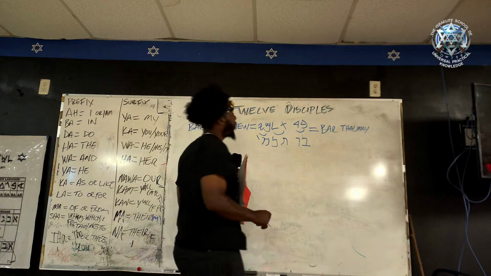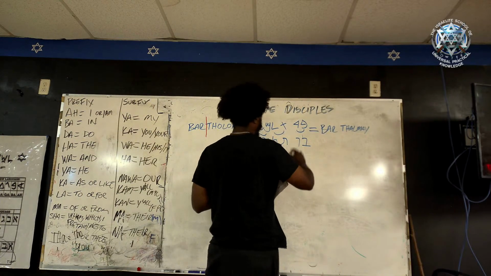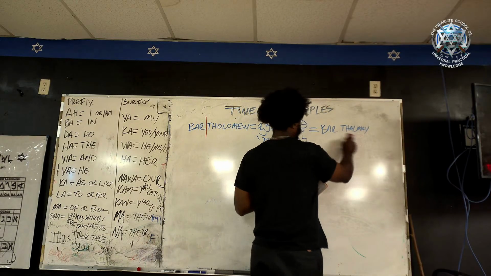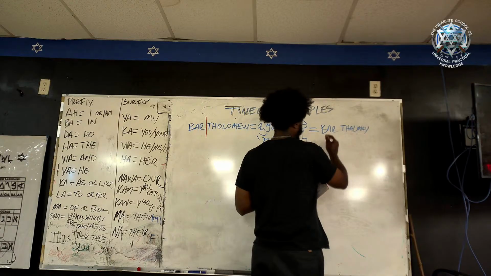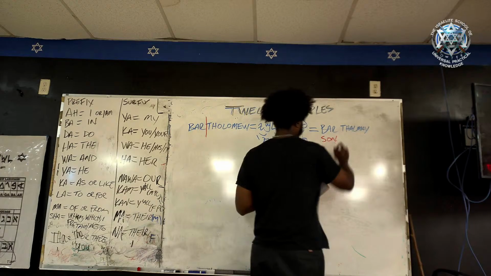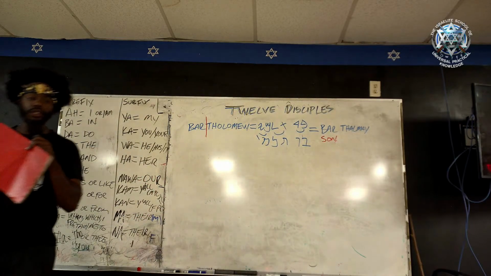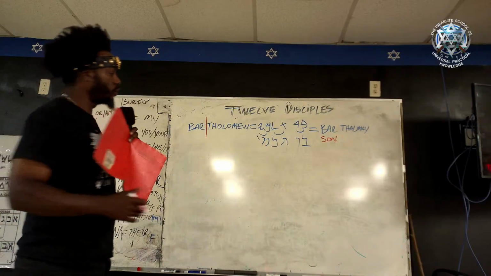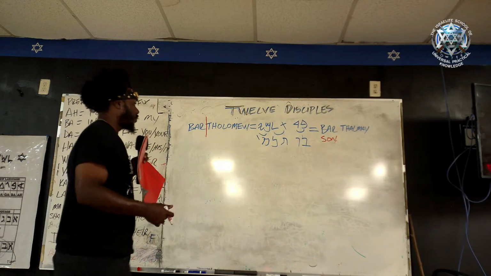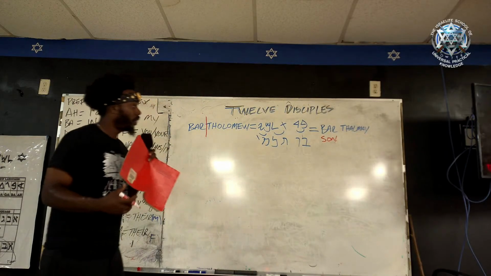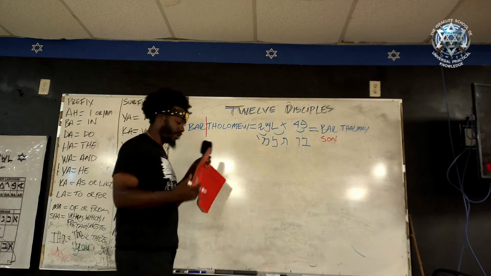So bar, I'm just going to write the meaning up under here. Bar is another way of saying son in Hebrew. I know stereotypically you guys are used to seeing ben, but bar is also another way of saying son, right?